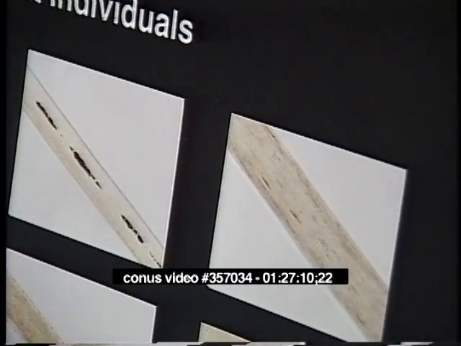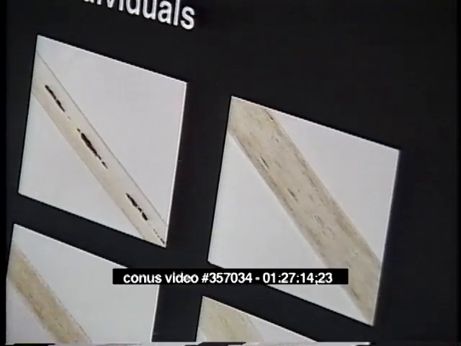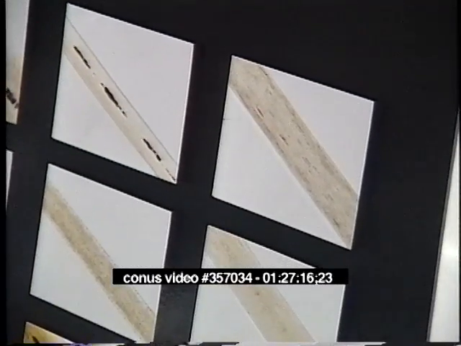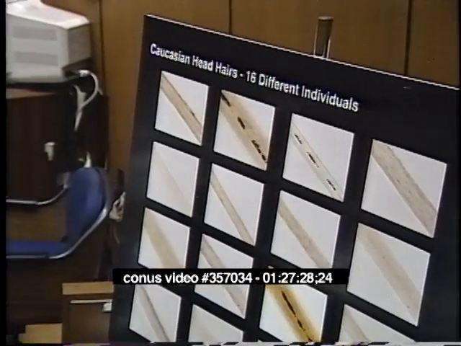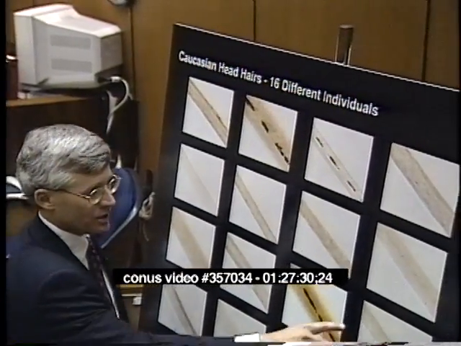The three pictures on the right I had to bring in. They're my daughter's hairs. On the right, second one, third one, and fourth one, starting from the oldest to the youngest. Can you step down and show us which ones those are? Sure. This is my 17-year-old's hair.